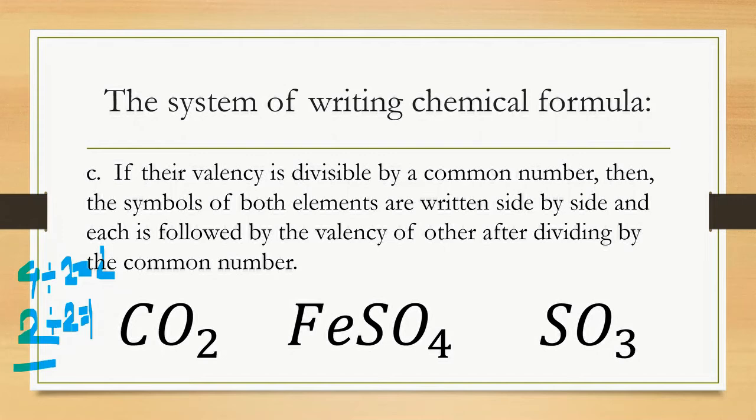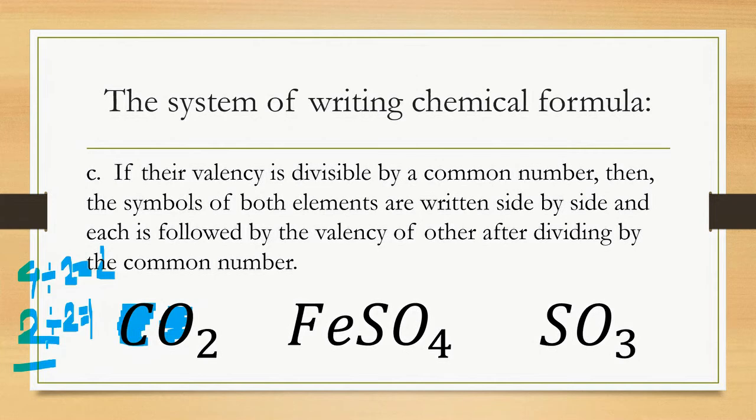First of all, we need to write down the symbols of the elements which make up the molecule. Carbon dioxide contains two elements, carbon and oxygen. So first of all, we write them down. Then the valency of oxygen is 2.